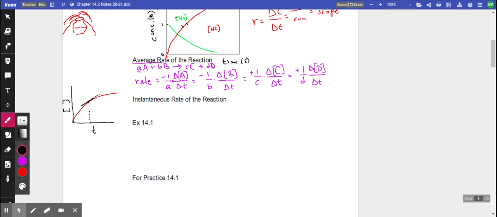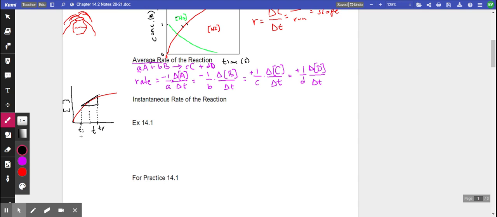You draw the tangent line, and then you're going to make a little triangle like this. Pretend that's a perfect triangle. And we are going to use the average between these 2 points right here. So instead of at that specific point, we have our initial and our T final.